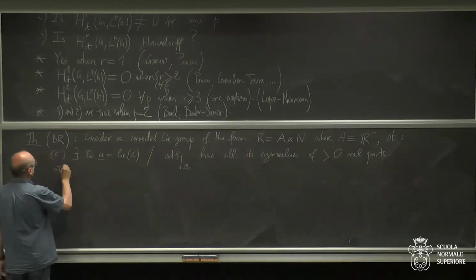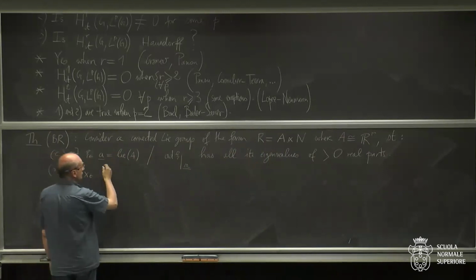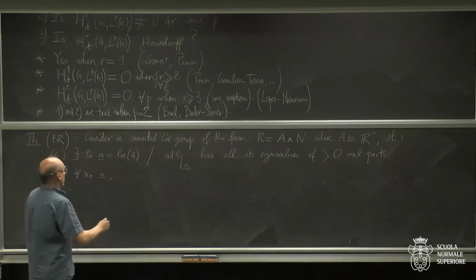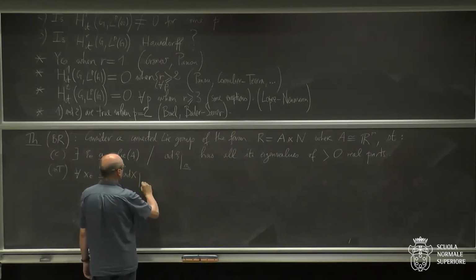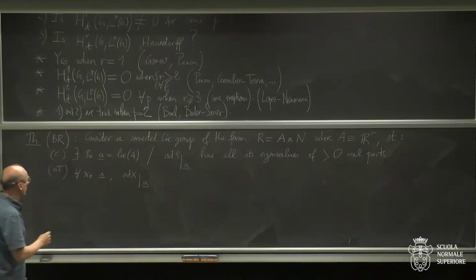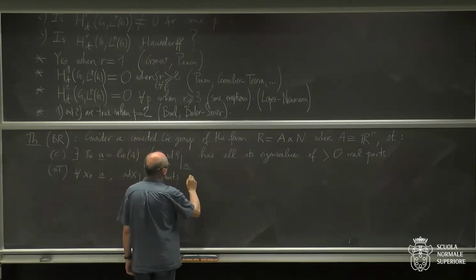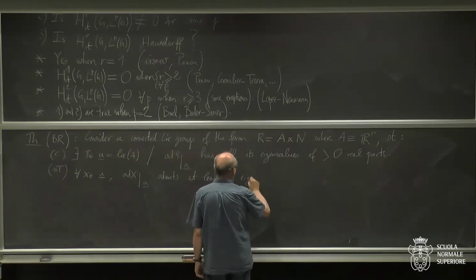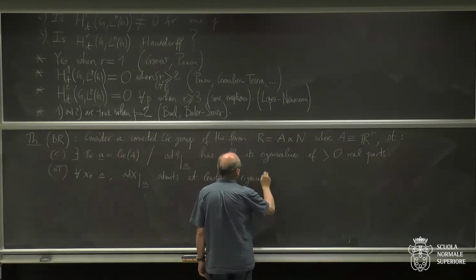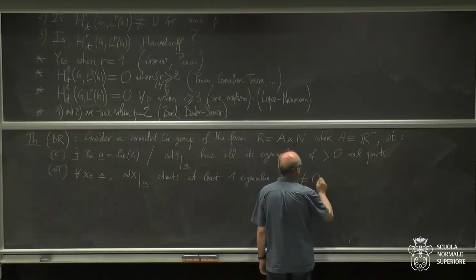And there is a non-triviality part: for every X in A, when I consider the action of X on the Lie algebra of N, then this admits at least one eigenvalue with non-zero real part.